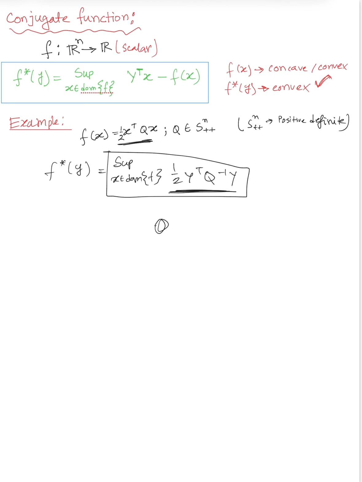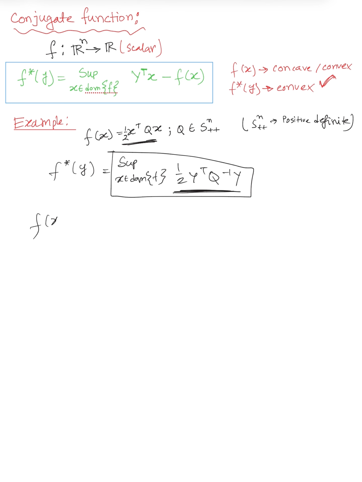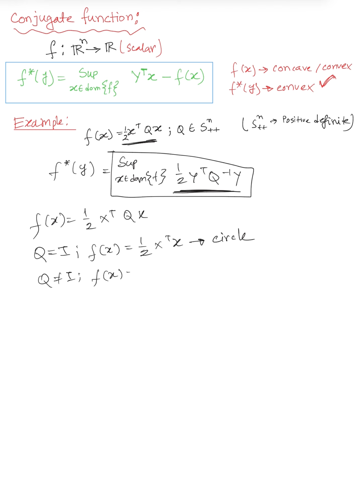Say f(x) equals half x transpose Qx. If Q is an identity matrix, then f(x) equals half x transpose x, which is a circle. Now if Q is not an identity matrix, then f(x) is actually an ellipsoid.